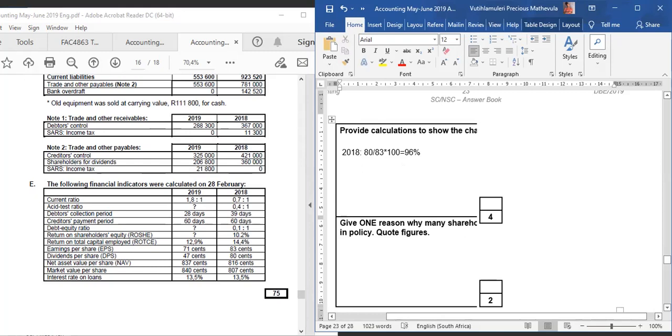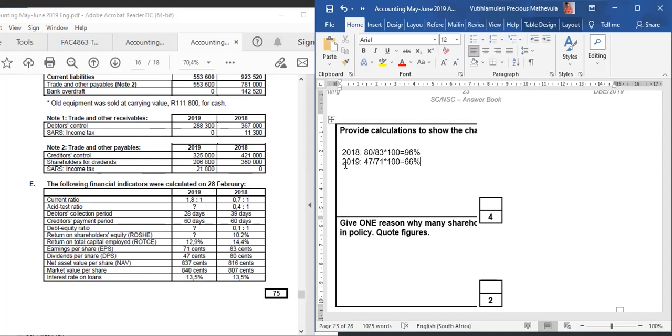And in 2019, the dividends per share was 47 over 71, times 100. 47 over 71 times 100 is 66%.